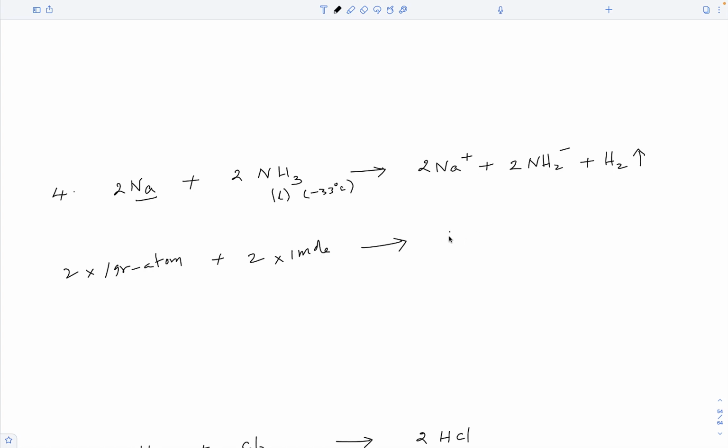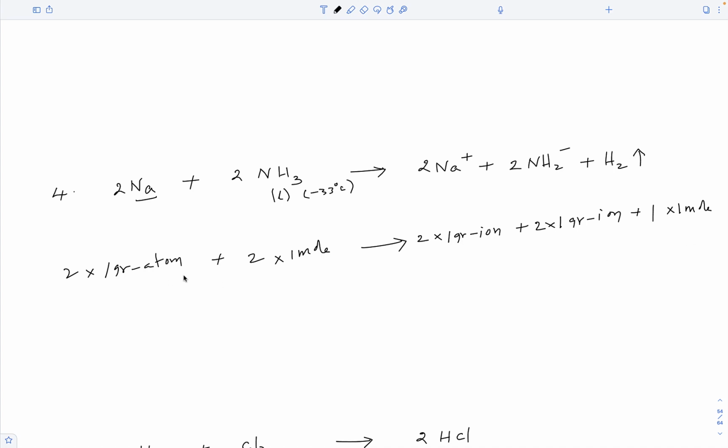So we have to say 1 gram ion of sodium ions multiplied by its stoichiometric coefficient 2. NH2 minus is an amide ion. So it is 1 gram ion of amide ion multiplied by its stoichiometric coefficient 2, plus H2 is the molecular formula of hydrogen, so 1 mole of hydrogen multiplied by 1, that is its stoichiometric coefficient.